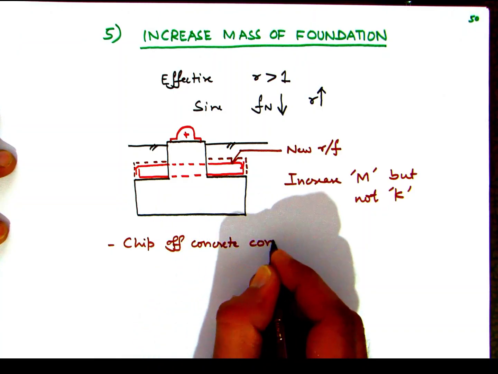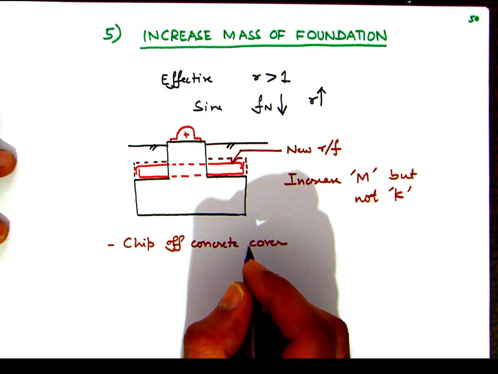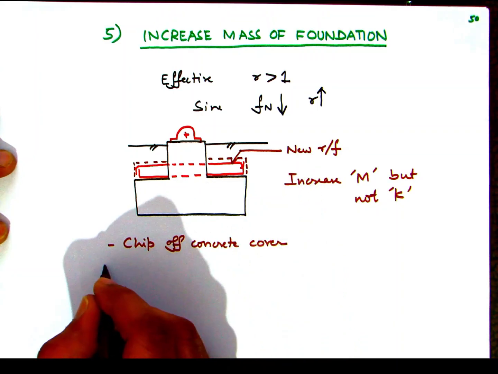The steps are written here. We need to chip off the concrete cover, lay the reinforcement, and then cast new concrete.